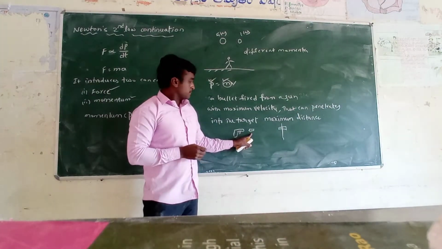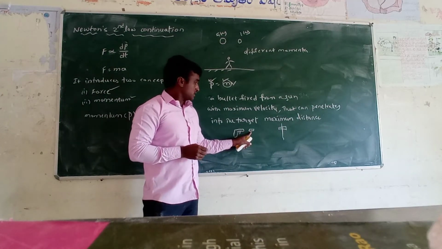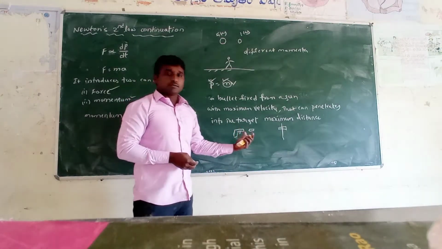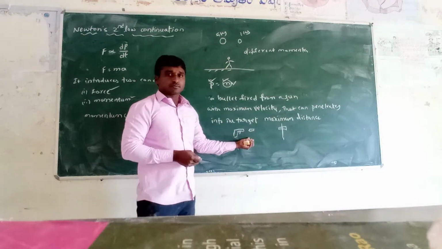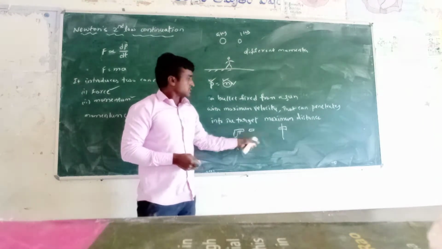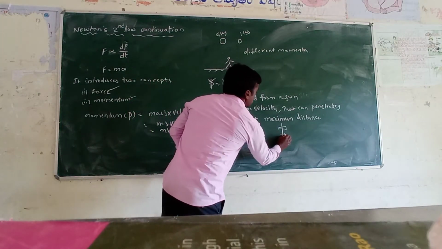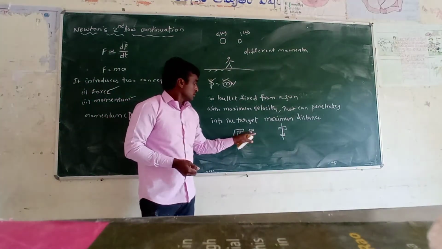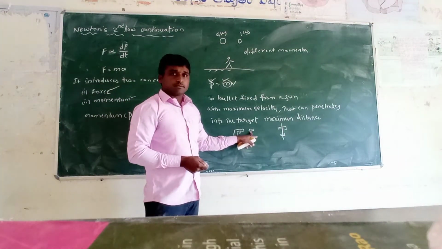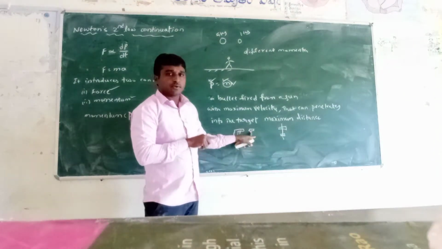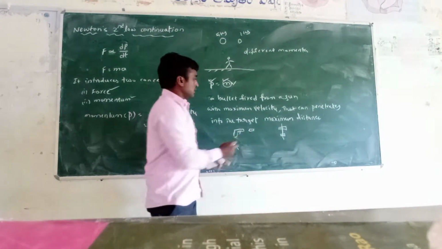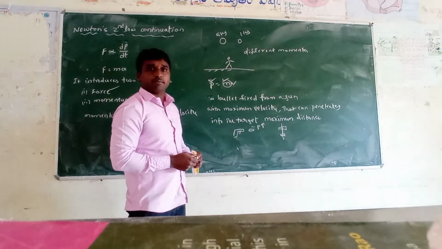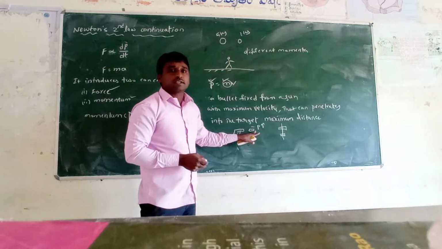In another case, if the bullet is fired from the gun with moderate speed or minimum velocity, it can penetrate only a small distance into the target. Why? Because in the first case, when the bullet is fired with maximum velocity, it has the highest momentum, because the velocity is highest.